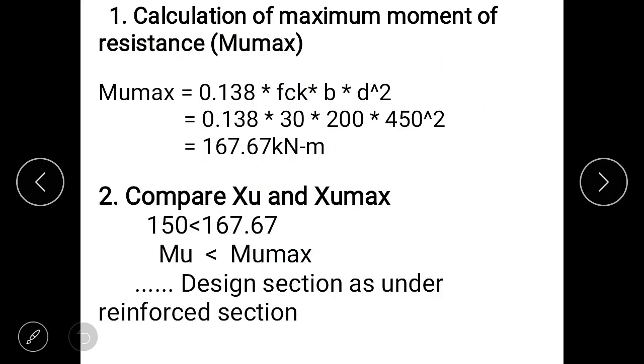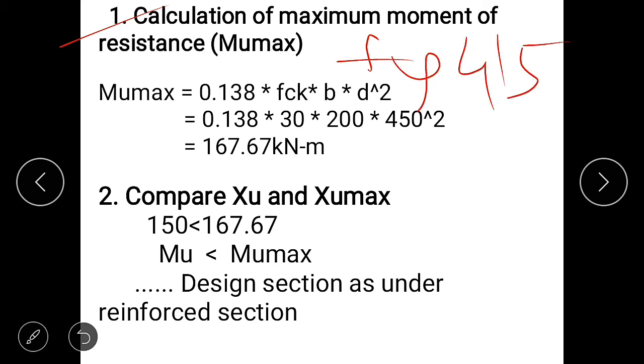Now we solve the numerical, calculation of maximum moment resistance. So we have to calculate here Mu max. How to calculate Mu max? In part 1 we already solved the Mu max formulas. For fy 415 the formula is 0.138 fck b d square.